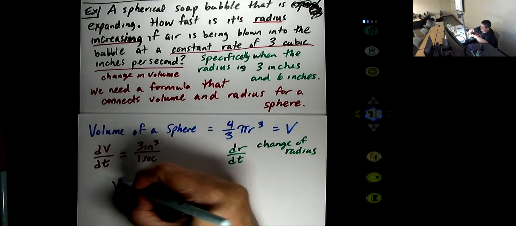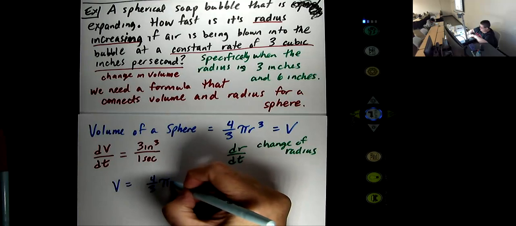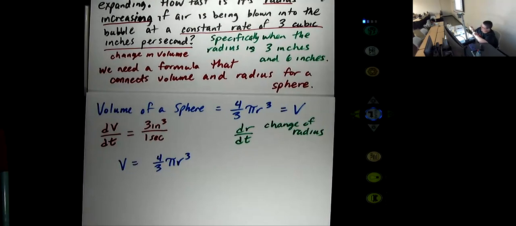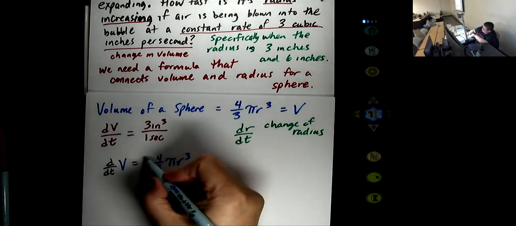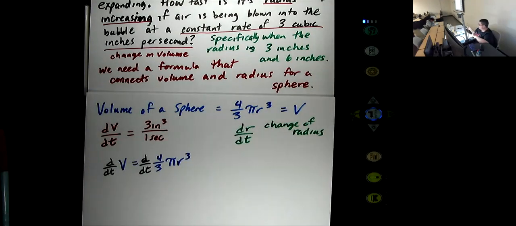So we start with V equals 4/3 pi r cubed, and we're going to take the time derivative of both sides. This is like doing an implicit differentiation.